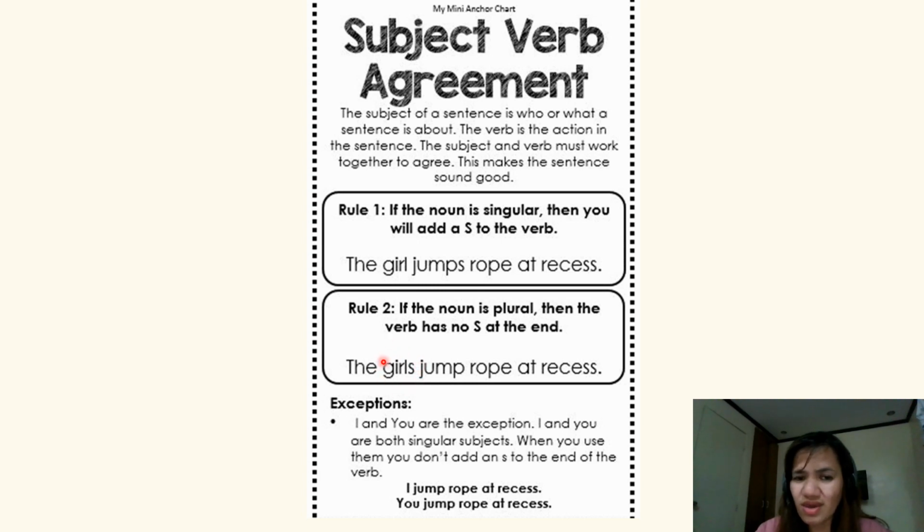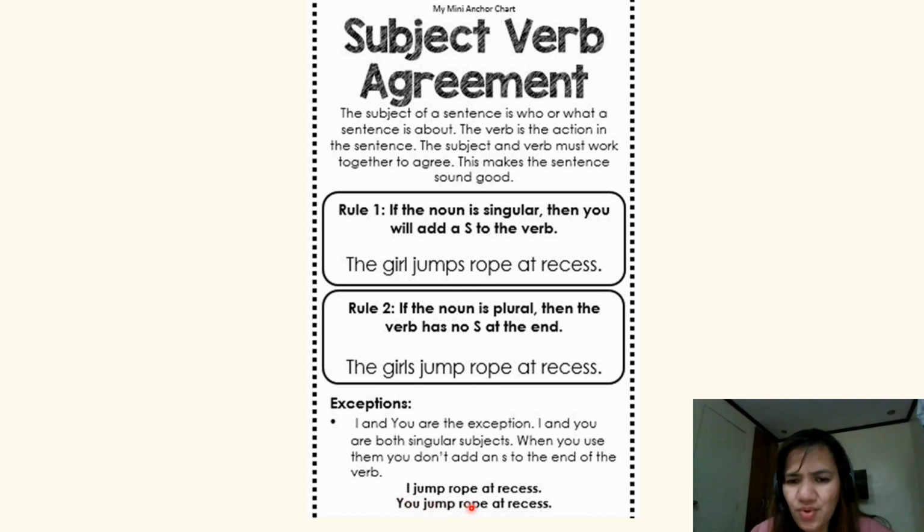But there is an exemption. If you use I and you, these are both singular subjects. When you use them, you don't add an S to the end of the verb. Look at the example here.